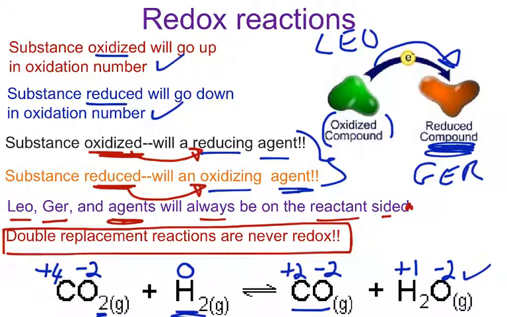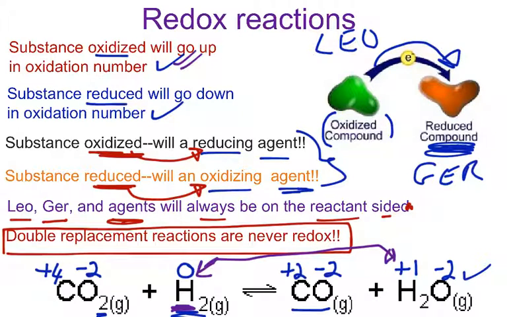What they can ask is simply who got oxidized and who got reduced. If we look at this equation carefully, we see that hydrogen is going from 0 to a value of +1. If you're going from 0 to +1, your oxidation number is increasing, so this substance on the reactant side was oxidized.